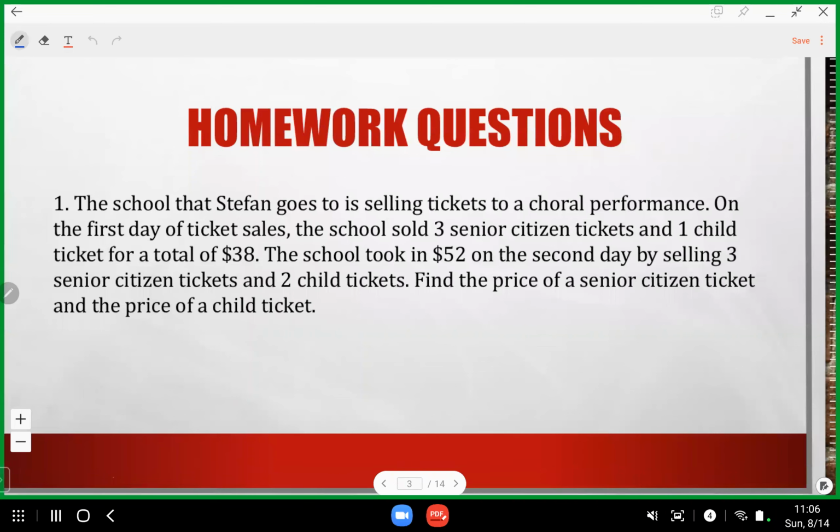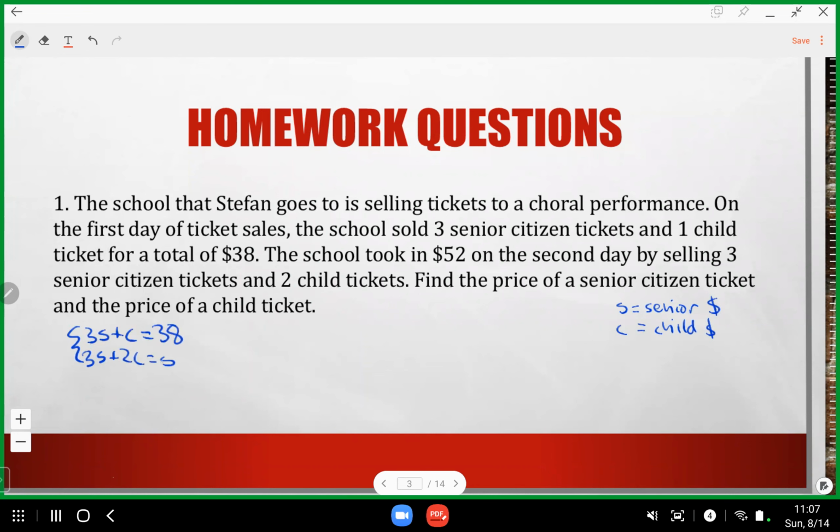First, set the variables. I set S as the senior ticket price and C as the child ticket price. So the first equation is 3S plus C equals 38, and the 38 is $38. And the second equation is 3S plus 2C is 52.